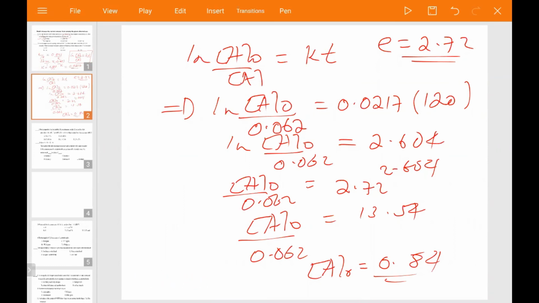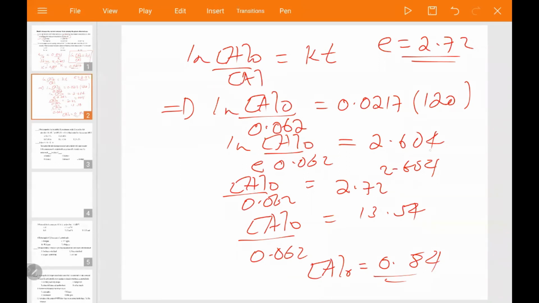Multiplying this gives 2.604. ln means the base is e, and e is 2.72. Just like with log there is a relation between ln and log, 2.3014, you can check. But here ln has base e, so e to the power of this is equal to a naught over 0.062.